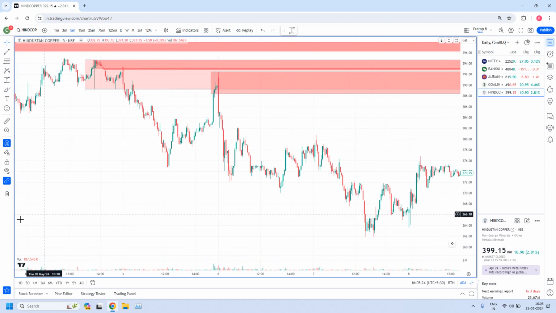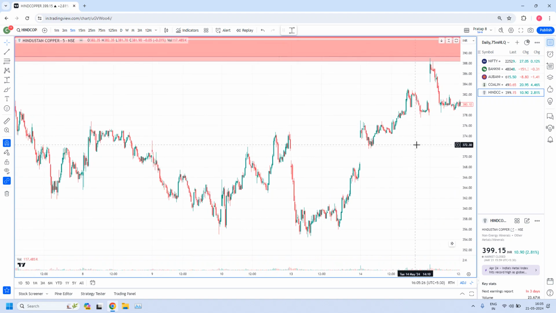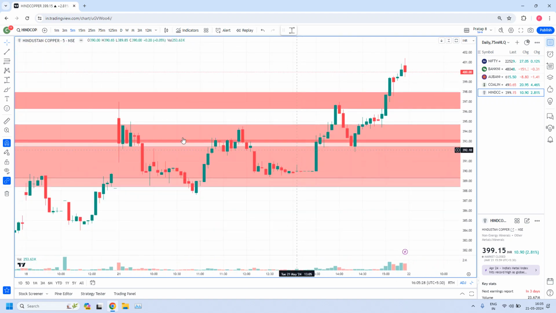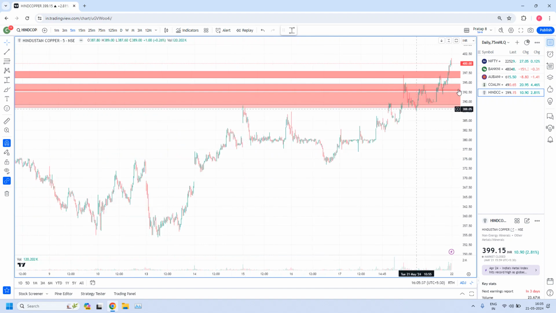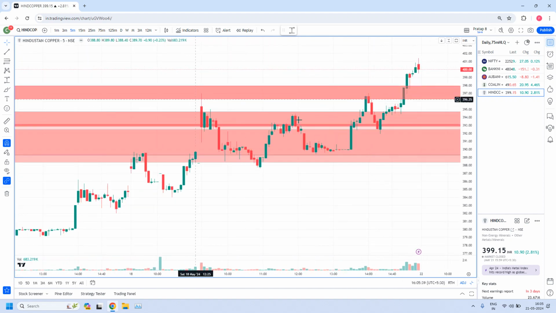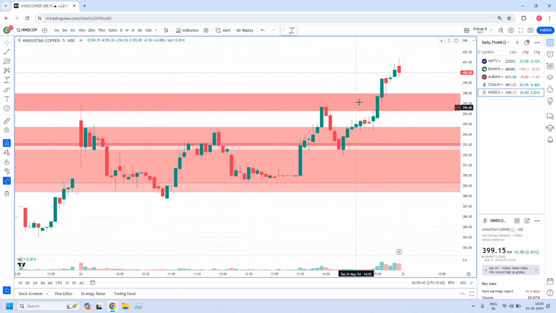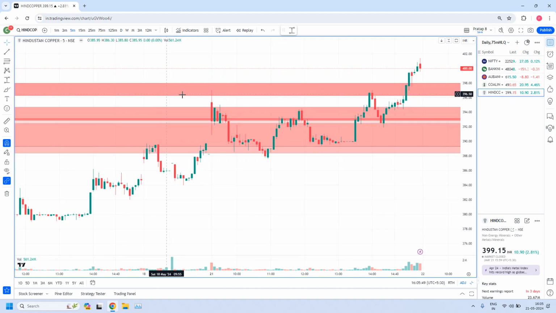If you would have drawn this 5-minute zone, see here, from here prices came down, again came, but somehow I am not comfortable with this stock at all. Maybe it worked. But anyway, this zone is also violated at the end of the day.